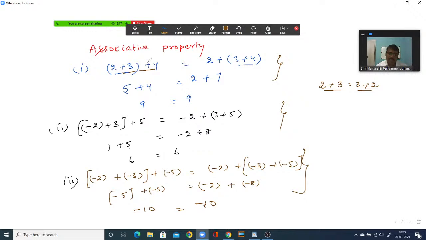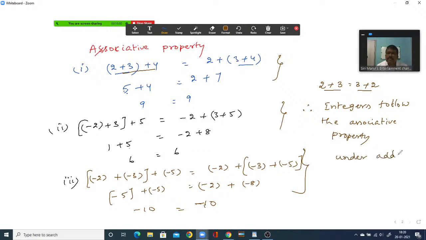There is no difference. It is true for all integers. That's why we can conclude that integers follow the associative property under addition.